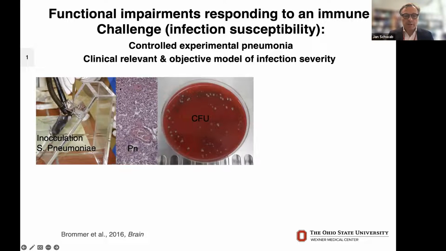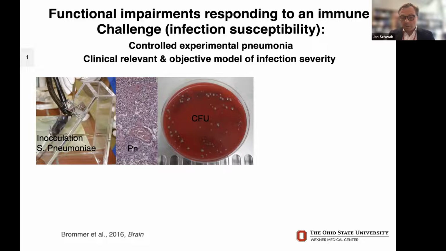This will induce a pneumonia, and at the end of the experiment, we take out the lungs and count the bacterial load based on the number of colony-forming units detected in those lungs. With that, we can compare spinal cord injured animals with either high or low thoracic lesions, and even control for other confounders, like aspiration or post-aggression syndrome, for example surgery or also anesthesia.